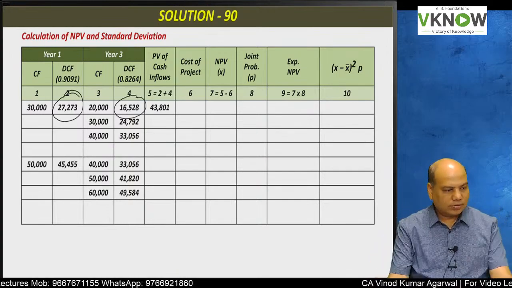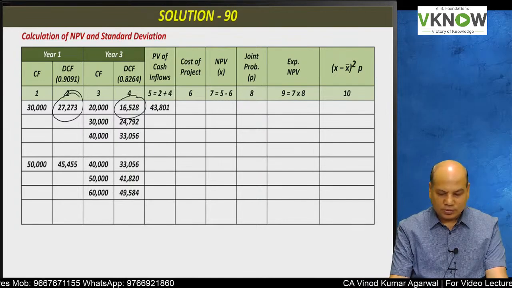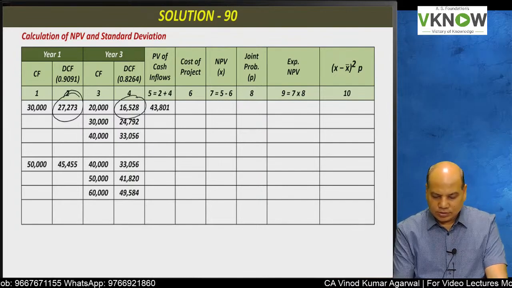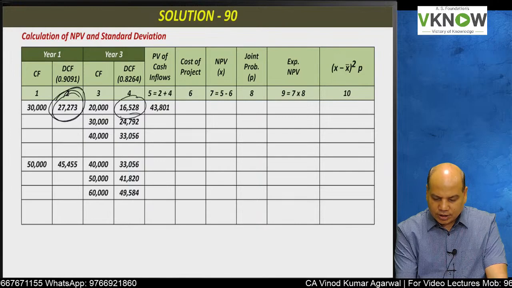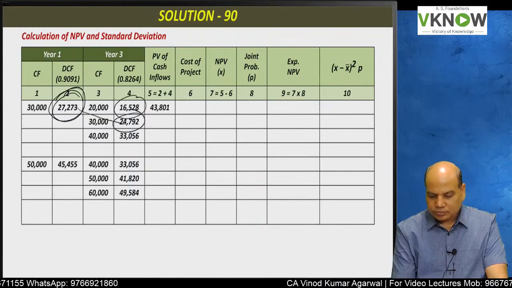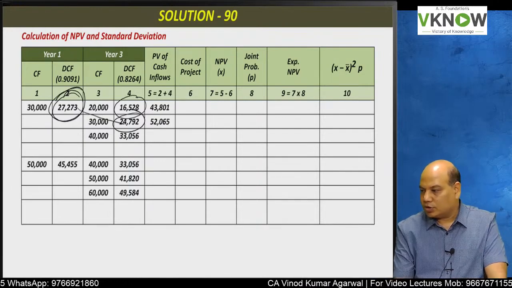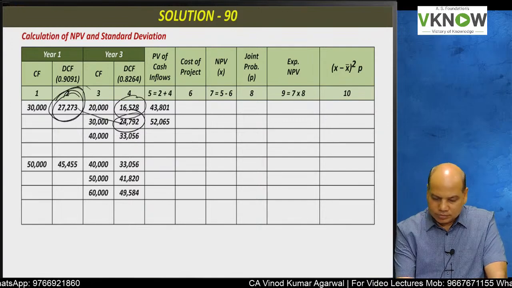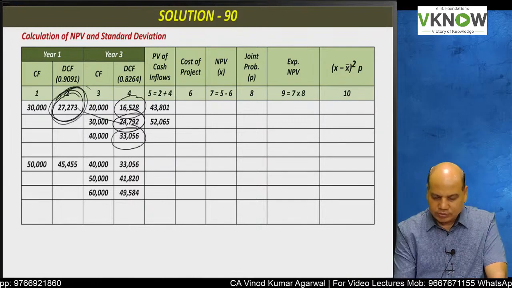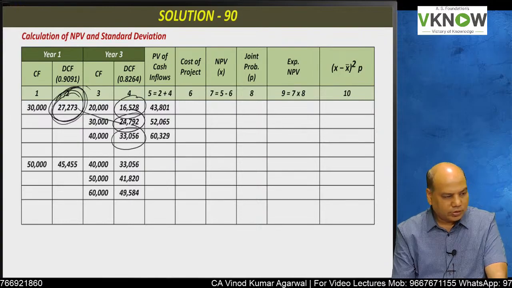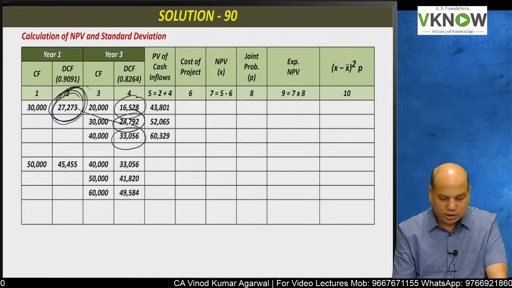Very good. Next you add this number and this number. 52065. This number and this number. 60329.